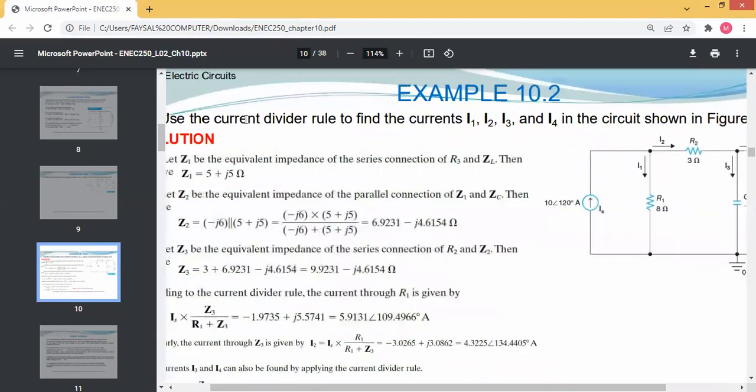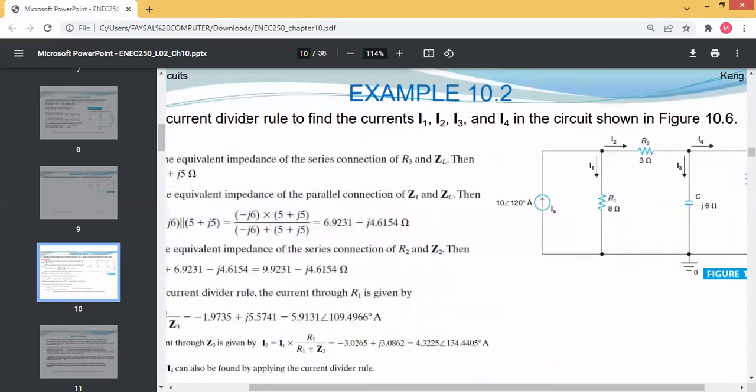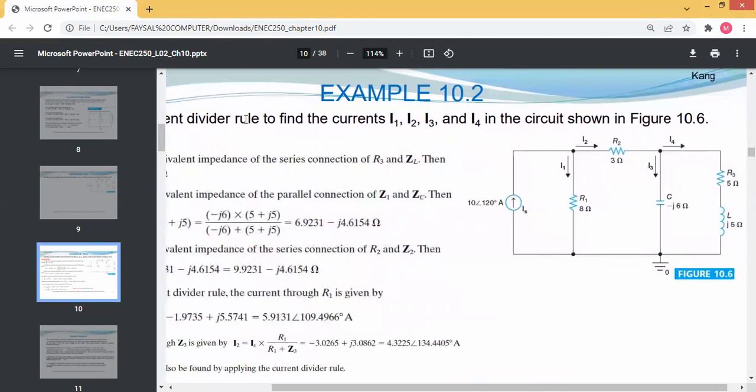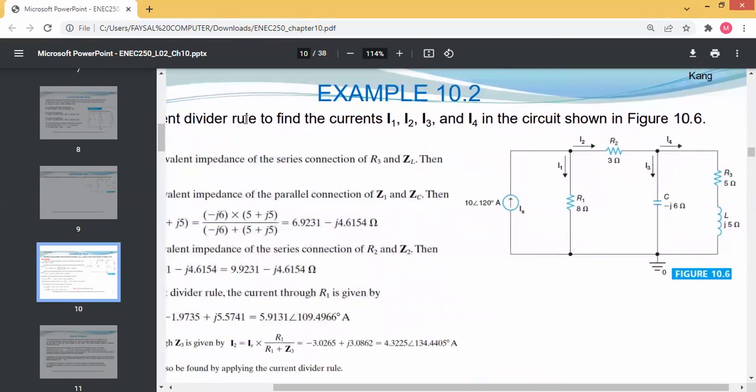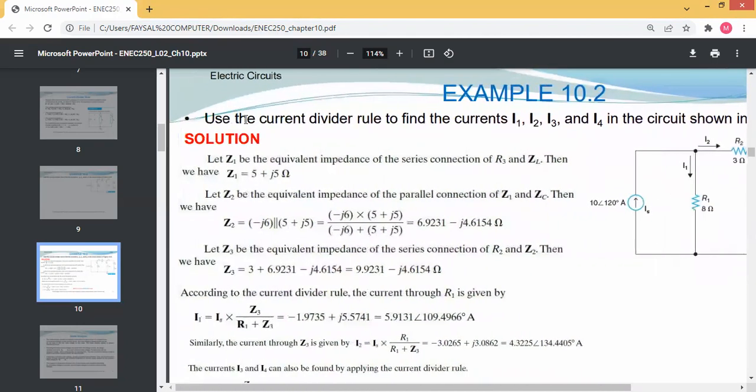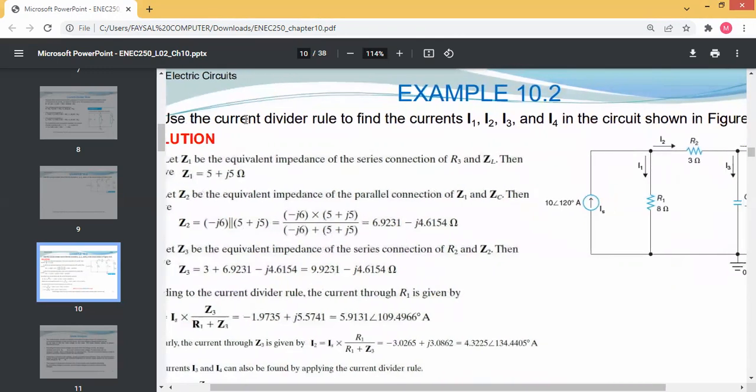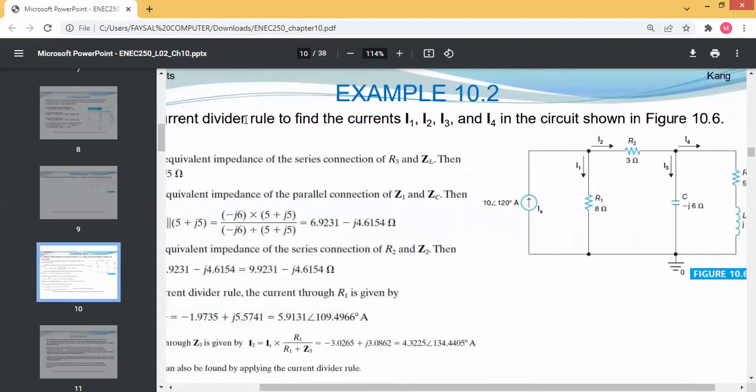This is my circuit with the values of R1, R2, R3, L and C, and with I1, I2, I3 and I4 to find. First we let Z1 be the equivalent impedance in series with R3 and ZL.